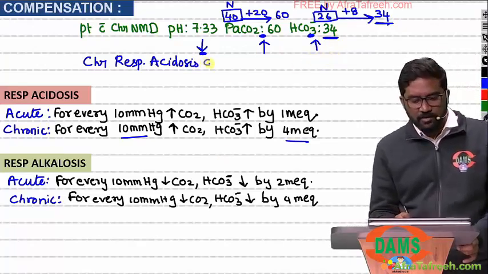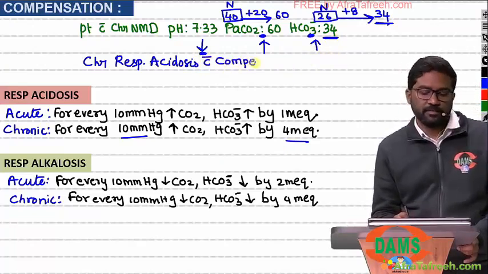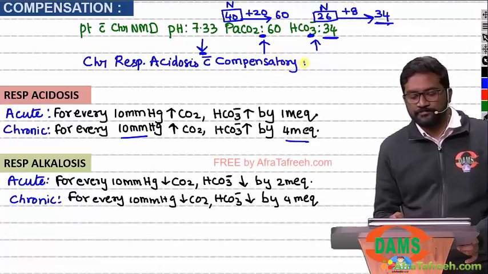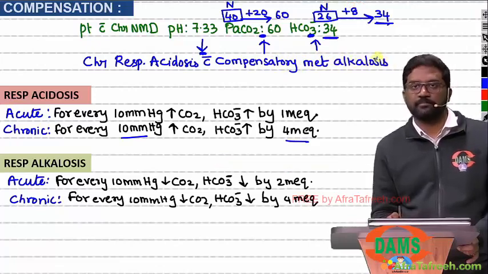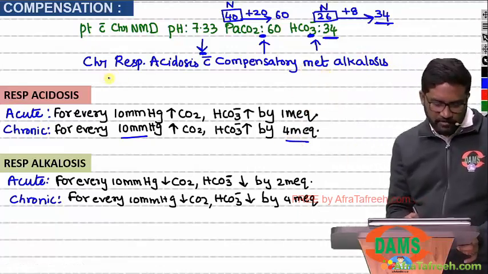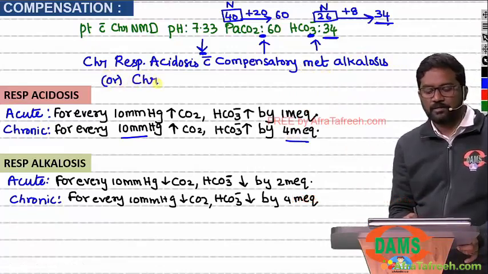So it is chronic respiratory acidosis with compensatory metabolic alkalosis. This is the complete name, but I am very lazy to write this big name. It is also written as: is it acute or chronic? Chronic. Is it adequately compensated, yes or no?